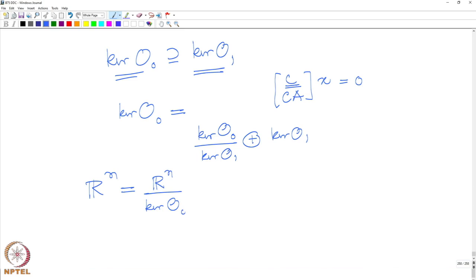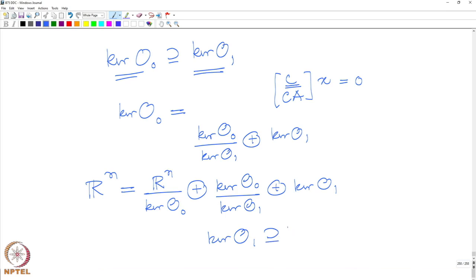So, the kernel of O_0 can further be written as the kernel of O_0 quotiented by the kernel of O_1, direct sum the kernel of O_1, which means I can refine my earlier direct sum decomposition. But now the kernel of O_1 contains the kernel of O_2 as a subspace.